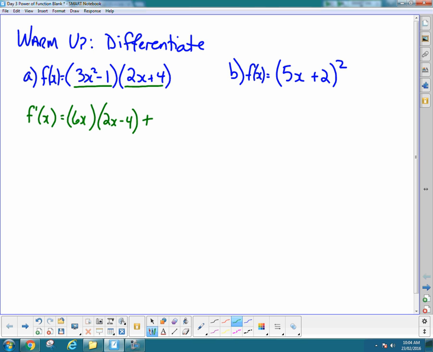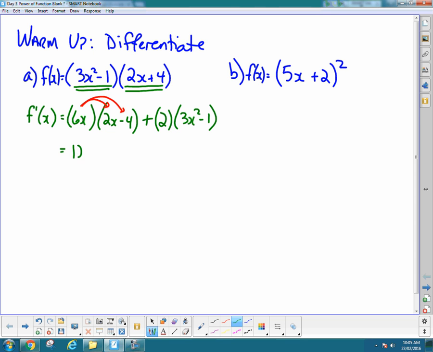Plus, now we take the derivative of the second, which is just 2, times the first, as is. That, of course, is the derivative, but we like to simplify when possible. Since we have no exponents, we can actually do the simplification rather easily. So here we go.